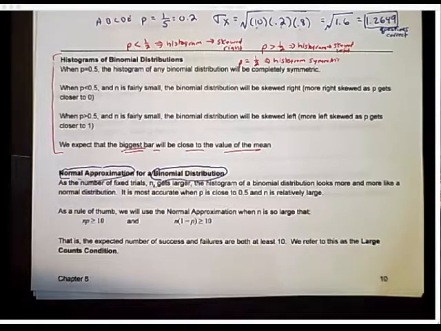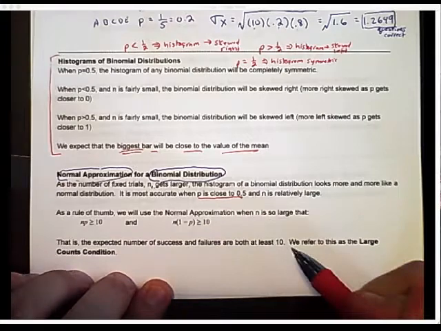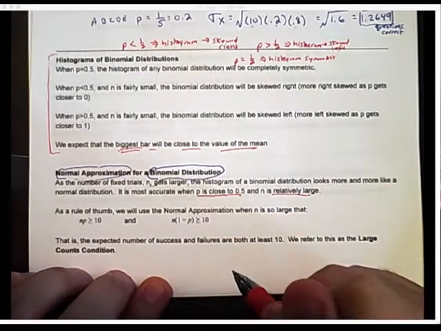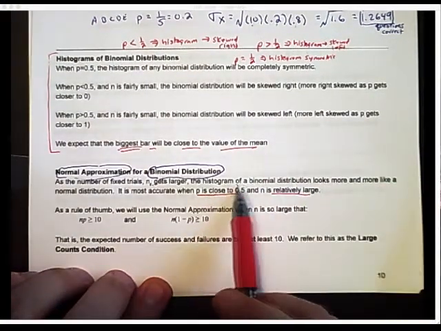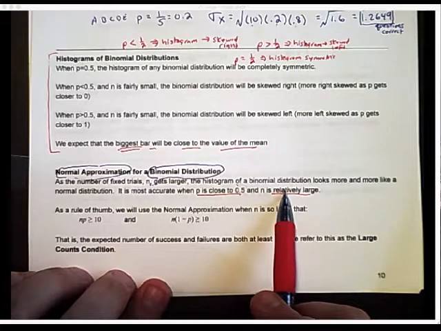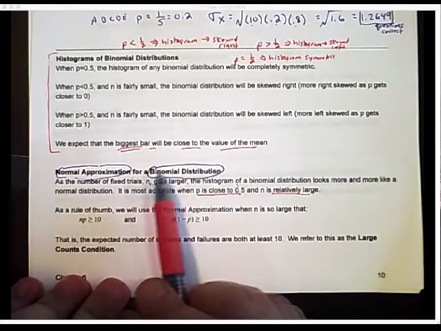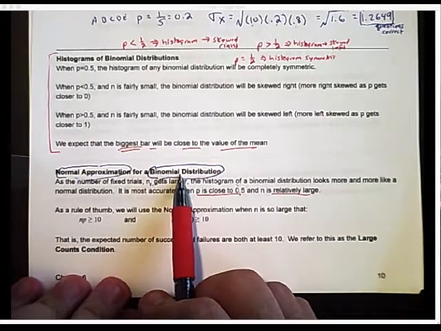So this says as the number of fixed trials n gets larger, the histogram of a binomial distribution looks more and more like a normal distribution. All right, it's going to be most accurate when the p-value is close to 1/2 and n is relatively large. So if p is fairly close to 0.5 and the fixed number of trials is relatively large, then we can use normal approximation to approximate binomial if we have to.